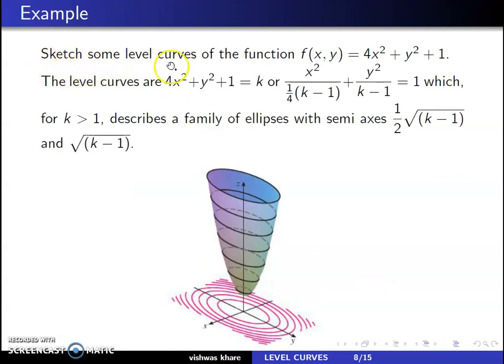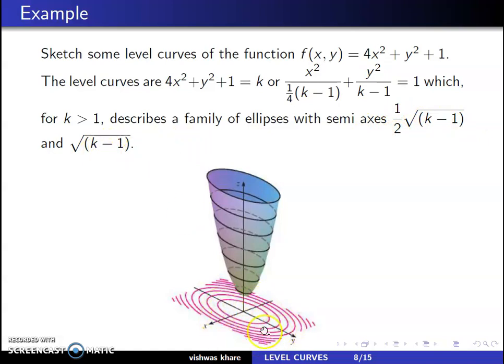Example: sketch some level curves of the function f(x,y) = 4x² + y² + 1. The level curves are 4x² + y² + 1 = k, or when you solve this, you can write the equation in the form x² / (1/4 (k-1)) + y² / (k-1) = 1, which for k greater than 1 describes a family of ellipses with semi-axes 1/2 √(k-1) and √(k-1).